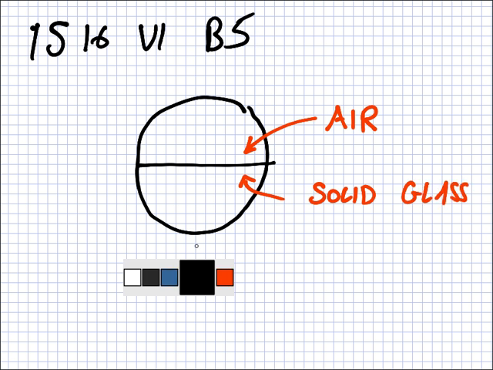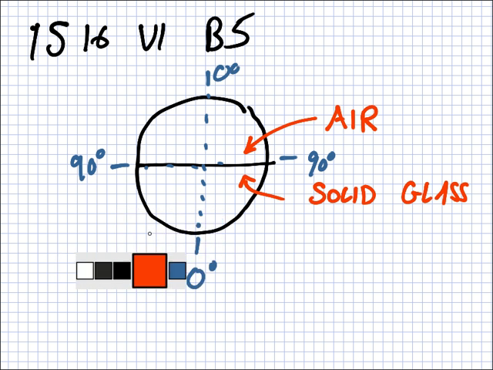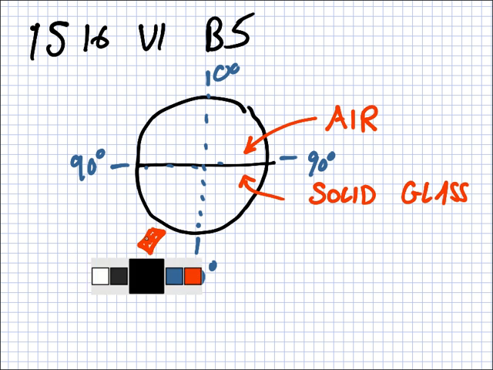And then on the tank they mark off the angles. So this is like 0 degrees, and then this is 90 degrees, and this is 90 degrees, and this is 0 degrees. And then there's a little laser here at the edge, and you can actually turn it around.